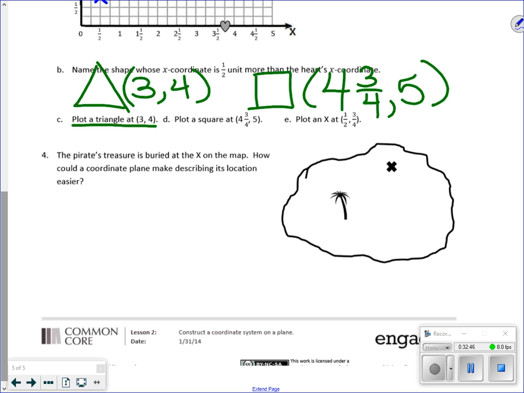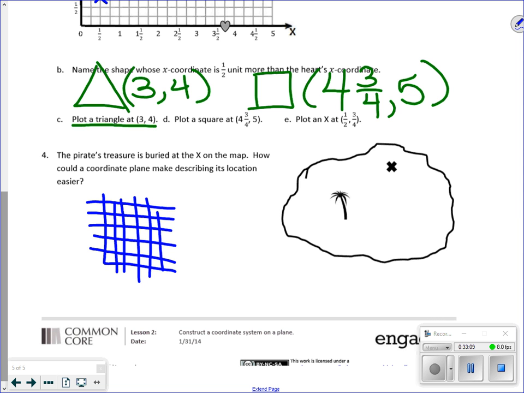The pirate's treasure is buried at the X on the map. How could a coordinate plane make describing its location easier? So how could using a coordinate plane make finding that easier? Telling its coordinates.